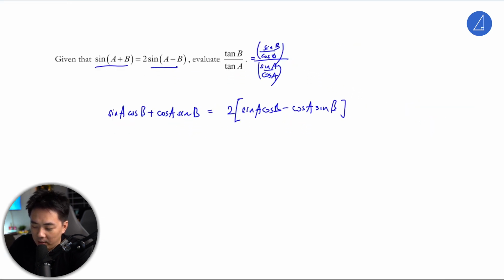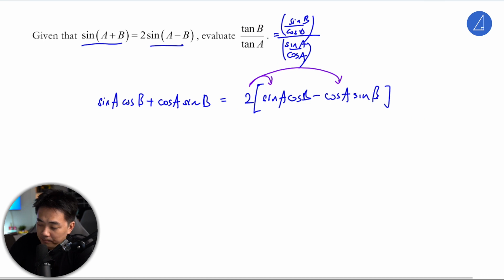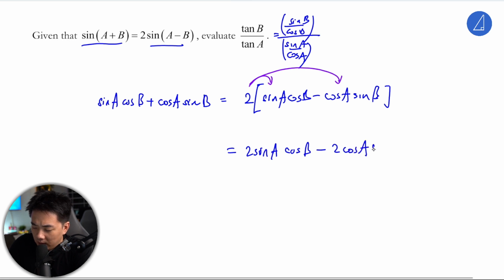The next part is we just distribute this in and slowly get it out. That will be 2 sine A cosine B minus 2 cosine A sine B, and on the other side sine A cosine B plus cosine A sine B.